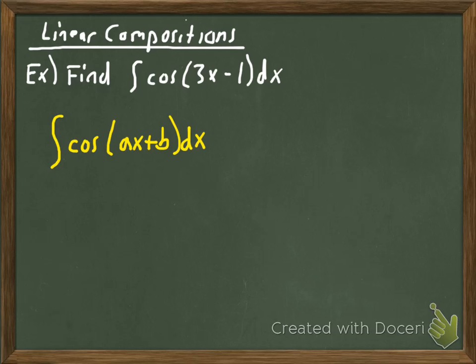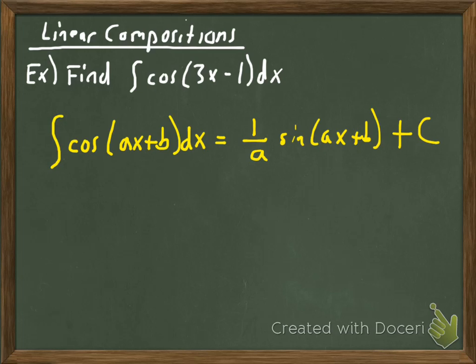Here's the rule. The integral of the cosine of a linear function ax plus b with respect to x is going to be equal to 1 over a times the sine of ax plus b plus the constant of integration.